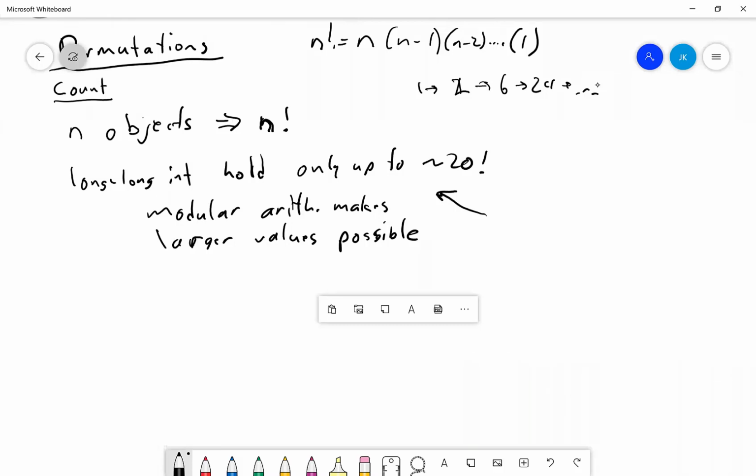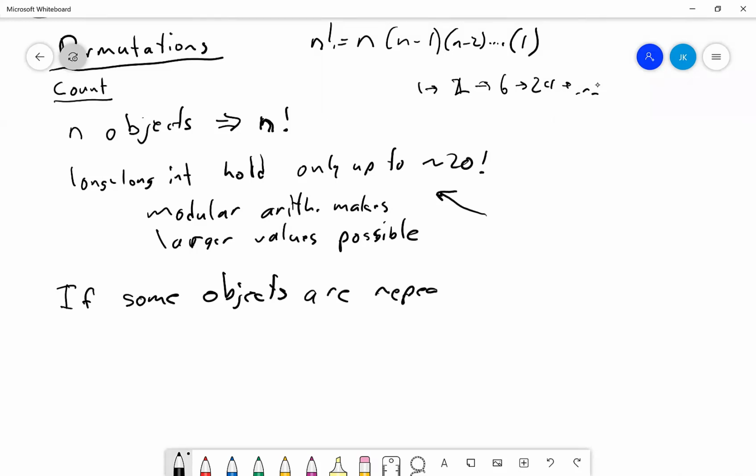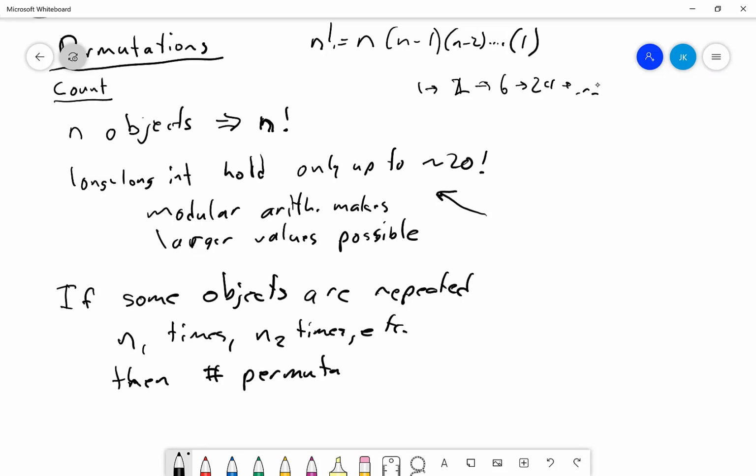Now, one thing I should mention, I said n objects, you get n factorial. If some objects are repeated, and so this would be n1 times, n2 times, etc., then the number of permutations is going to be n factorial over n1 factorial times n2 factorial, however many nk factorial, however many k's there are.